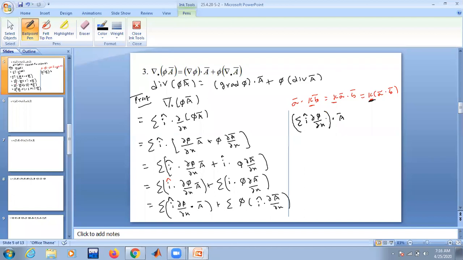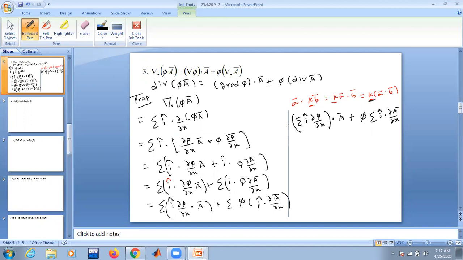Plus, in the second term phi is common. This summation is running over i as well as x. So when you expand phi into i bar dot dou A bar by dou x plus j bar dot dou A bar by dou y plus phi into k bar dot dou A bar by dou z, phi is common in every term. So I can bring this phi outside the summation. That means phi into summation i bar dot dou A bar by dou x.